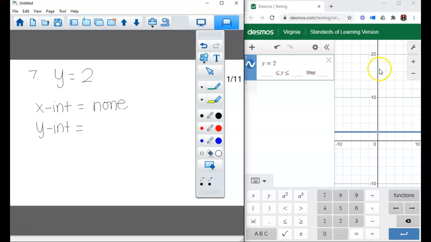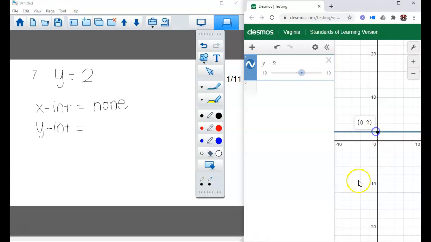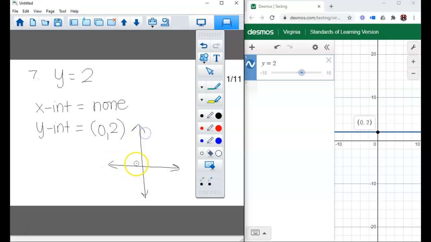The line does cross the y-axis at 0, 2. So to sketch it, on the y-axis we'll go to 2, and then we'll draw that same horizontal line. Horizontal lines have a slope of 0.